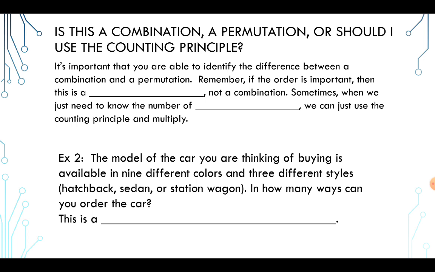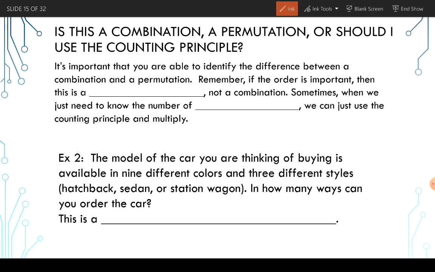Is this a combination, a permutation, or should I just go ahead and use the counting principle? Again, it's important that you are able to identify the difference between a combination and a permutation. Remember, if the order is important, then it's a what? Exactly.